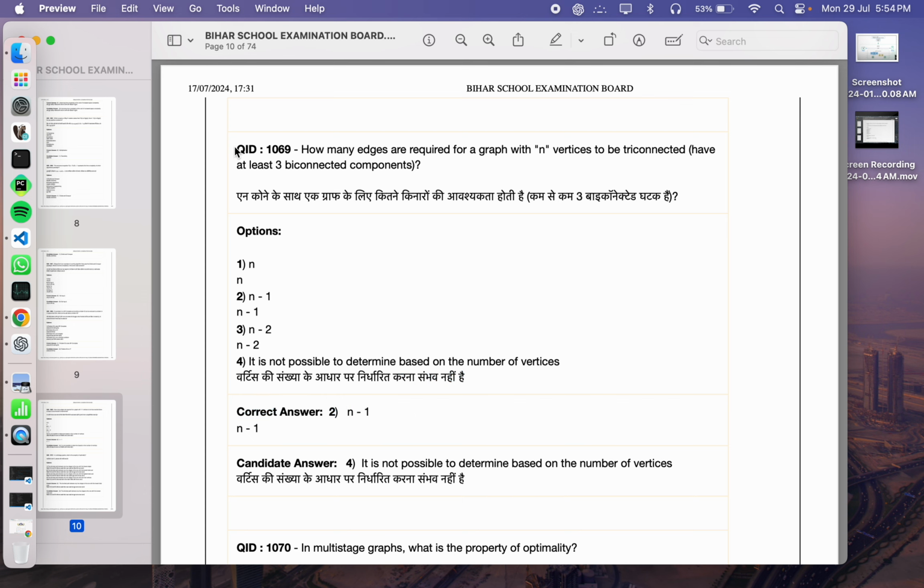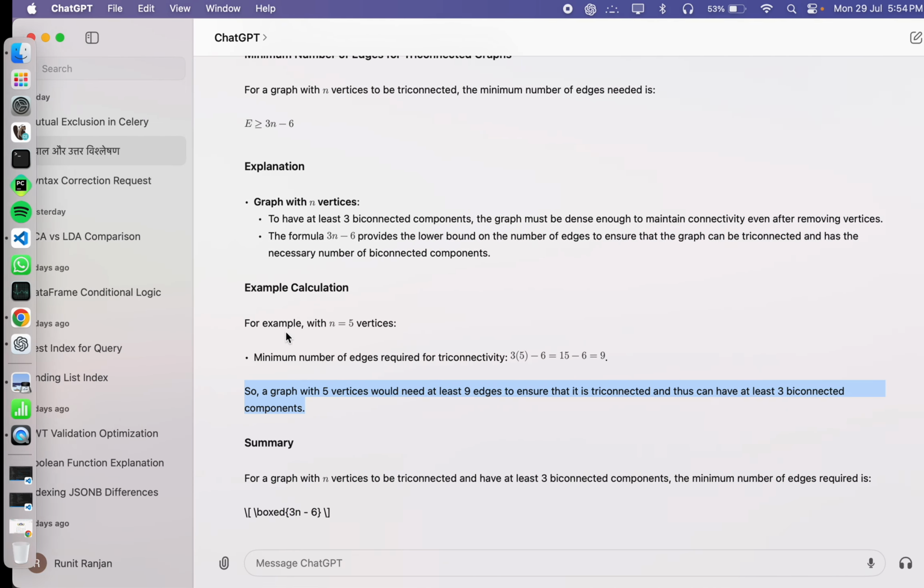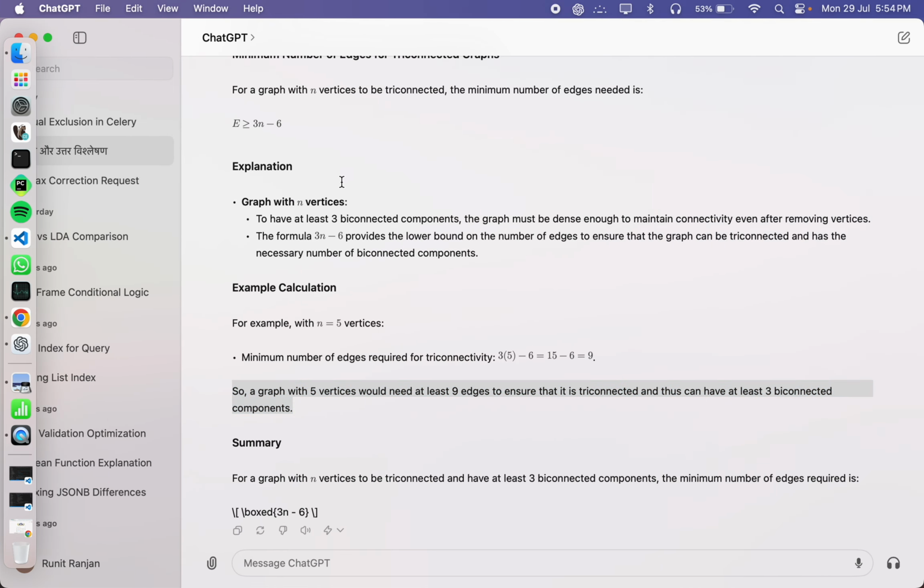Okay, so I'm not sure why they say n minus 1, because n minus 1 doesn't seem to be the answer. Yeah, the answer has to be 2n minus 6.